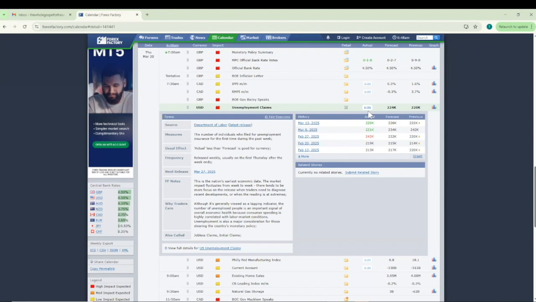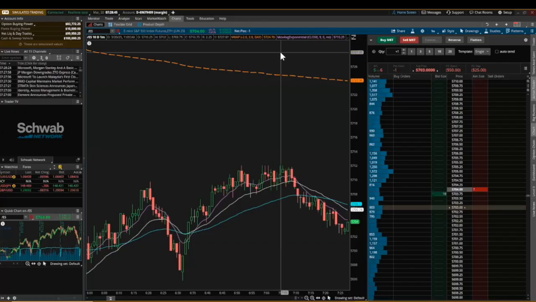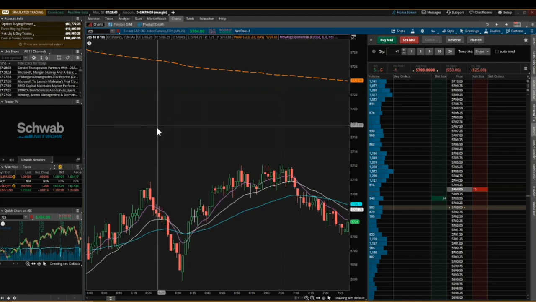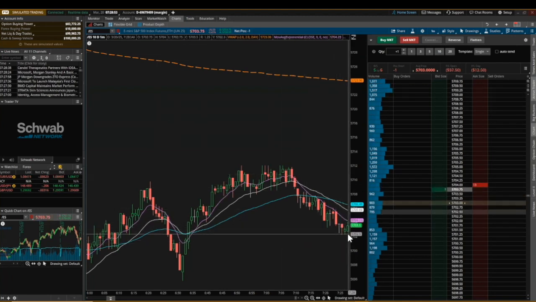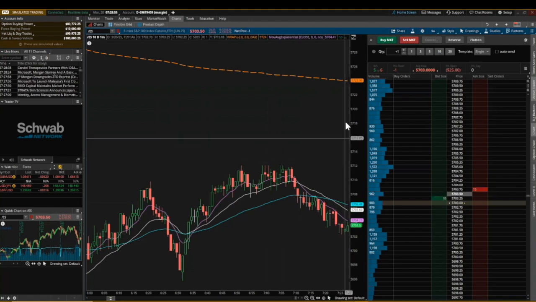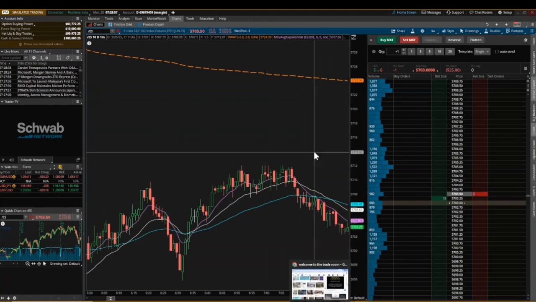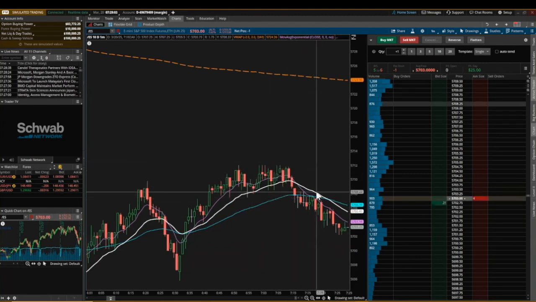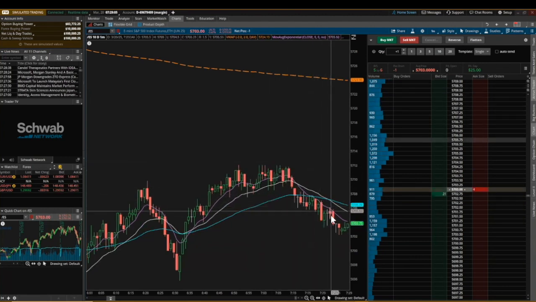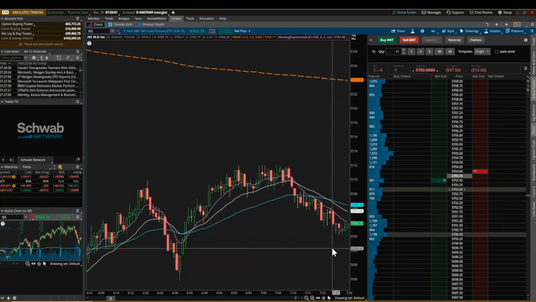I like to see the data, but just so you can see the emotions as they play out, you'll see that it typically goes the opposite direction and it may explode up before the information is announced. But the bias for me is to the downside because the averages are crossing below.